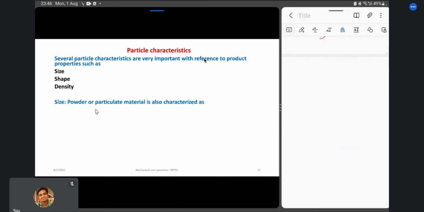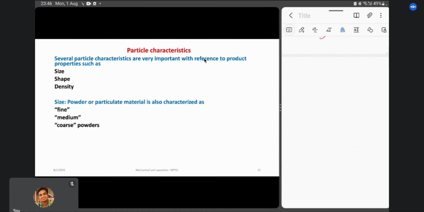Now size. Powder or particle material is also characterized on the basis of size. From the size we can clearly say that this powder is a coarse powder, this powder is a fine powder, this powder is a medium size powder.